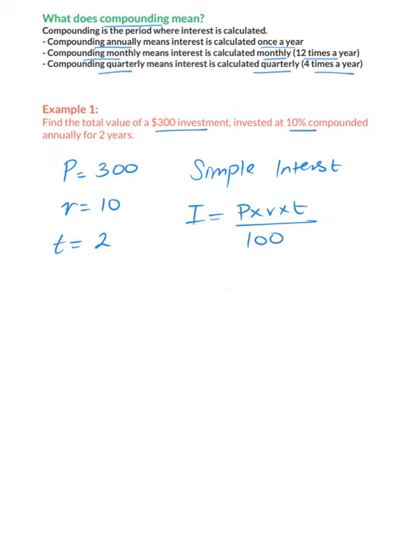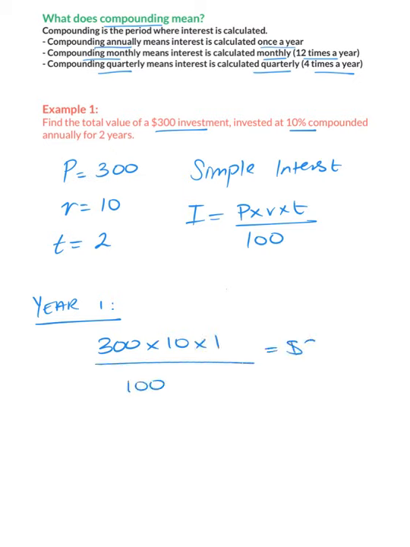Now, given this as being compounded rather than simple interest, we need to separate the years into 2. Remember, we need to calculate the interest gained in the first year and add that to find our new principal value. So year 1, we use the simple interest rule, so that's 300 times 10% times 1 over 100, and that gives us $30.